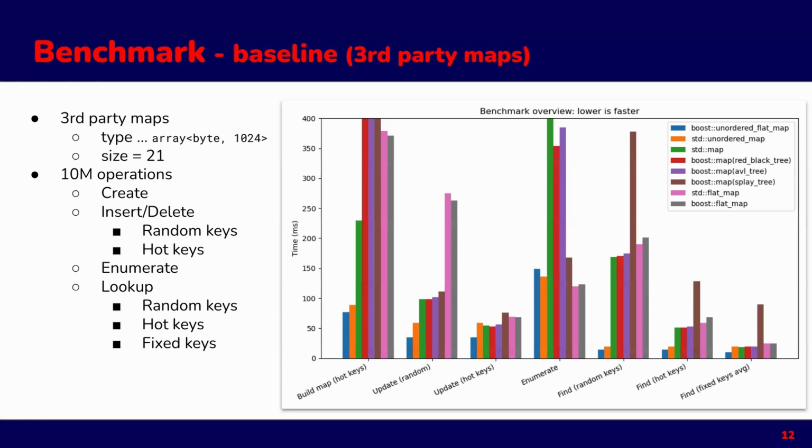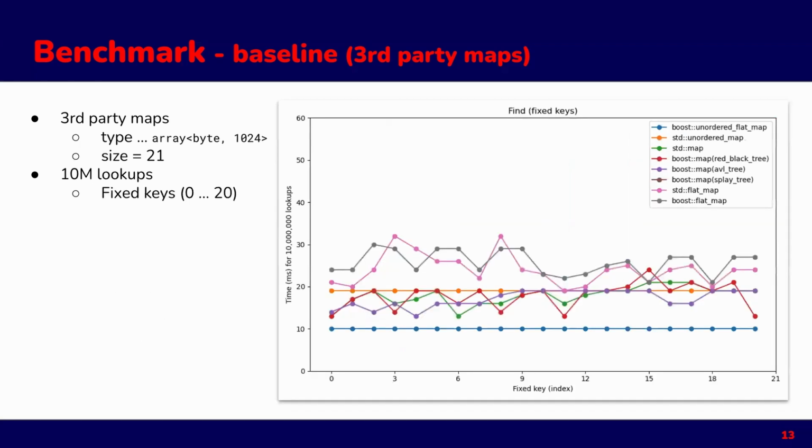Maybe I proceed to the next benchmark. I call it fixed keys. It means that 10 million times I am hammering a single index, like 0, 1, and so on. So in this case, it's obvious that we are not dealing with cache misses, branch mispredictions, and stuff like that.